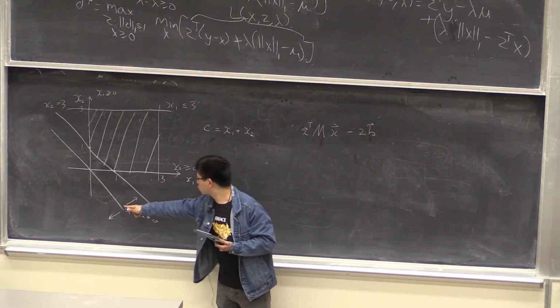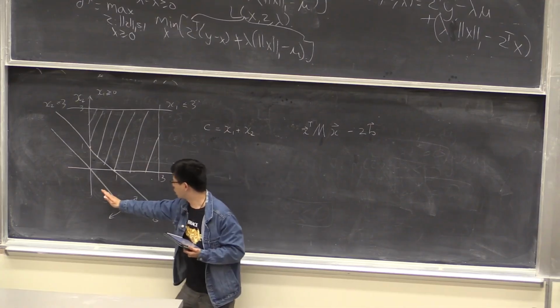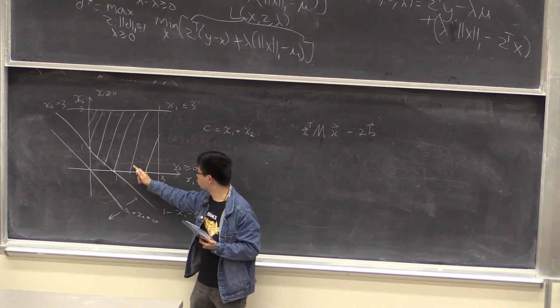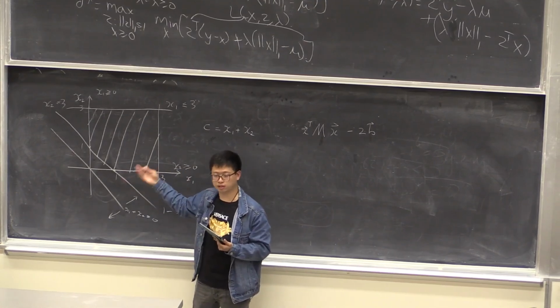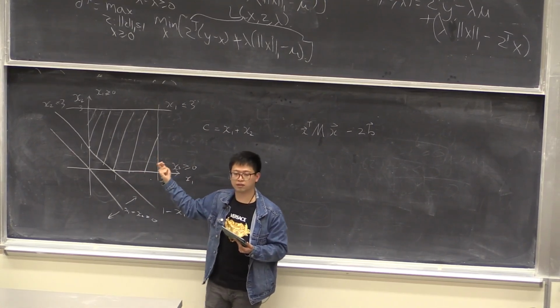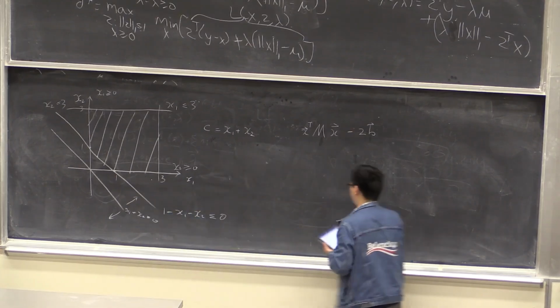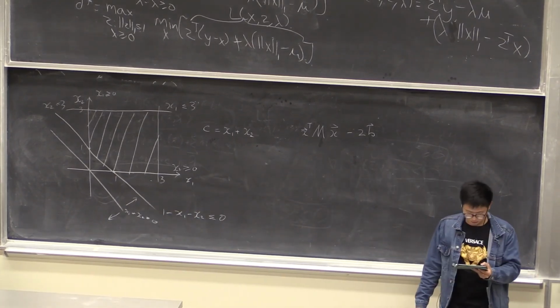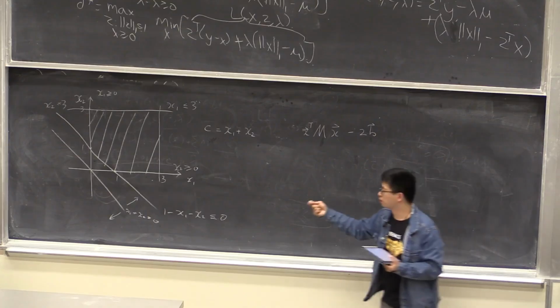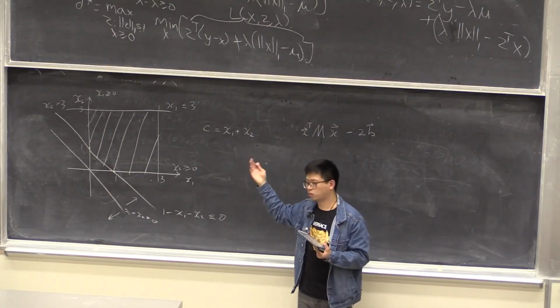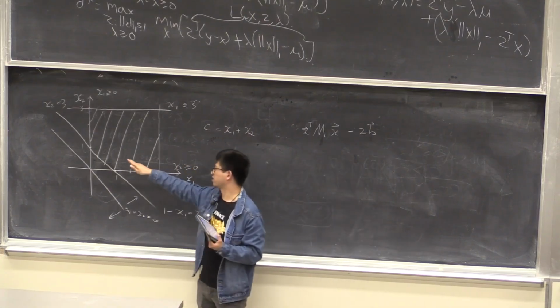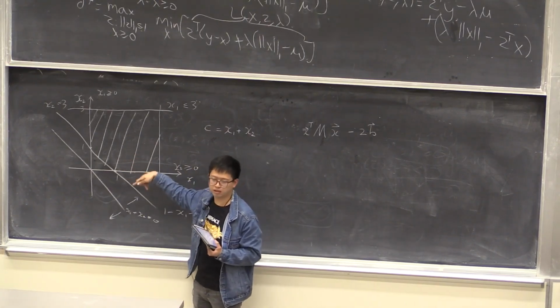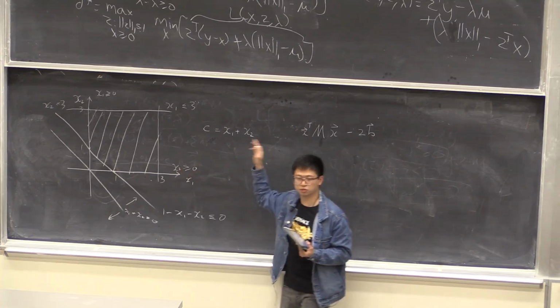P star is when we move this line up and it intersects this feasible region, which is the line x1 plus x2 equals 1. So the optimal value is 1. It's just a way to think about this. Another way that always works is to evaluate all the vertices, and you can find the solution that way.